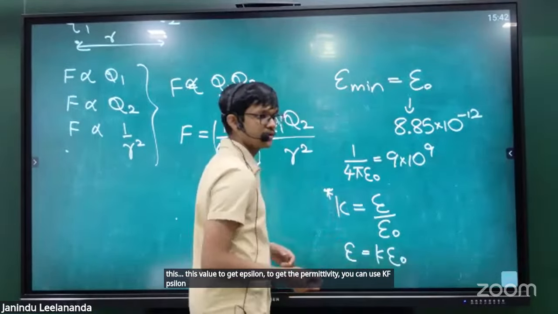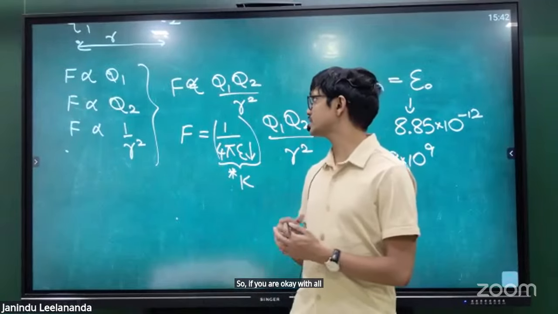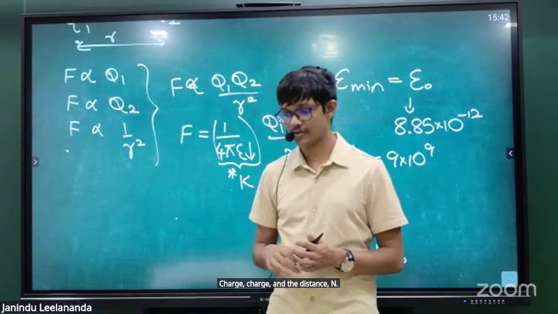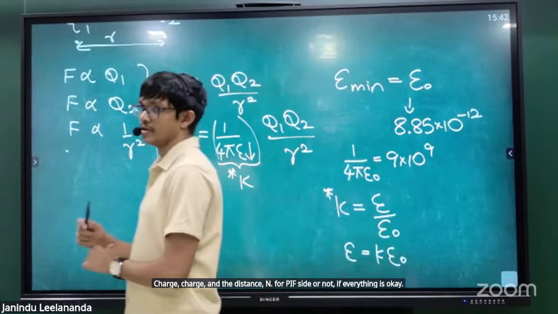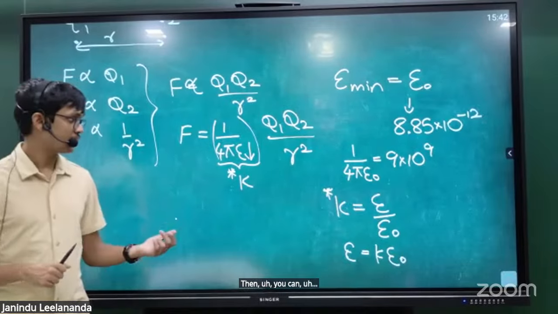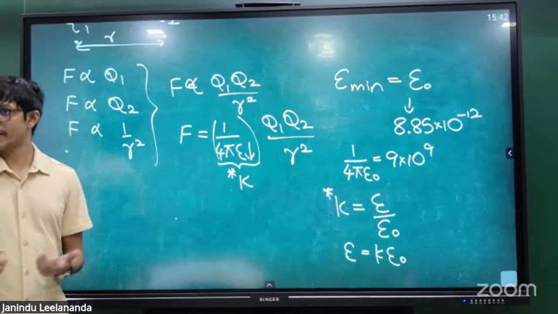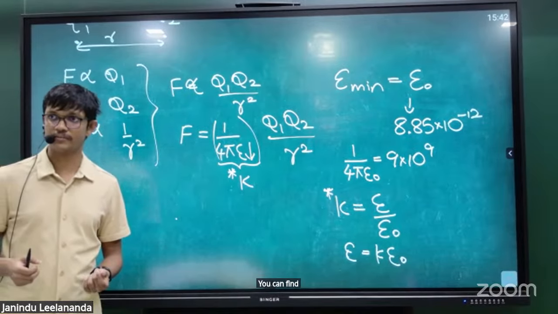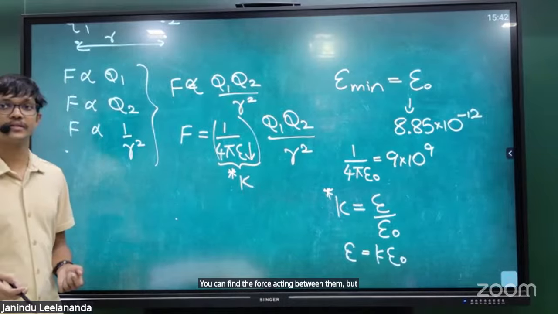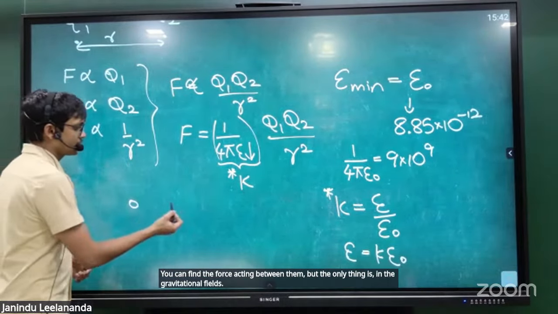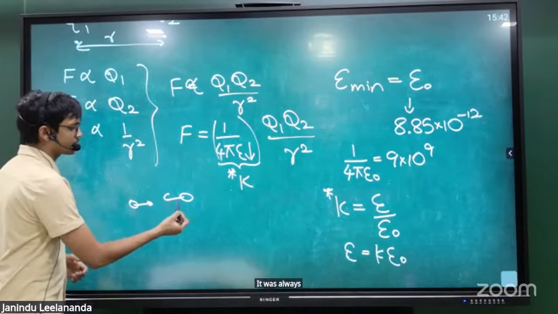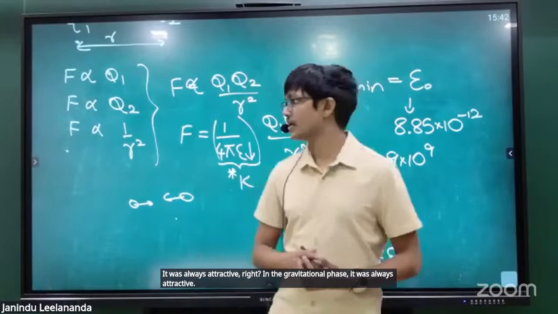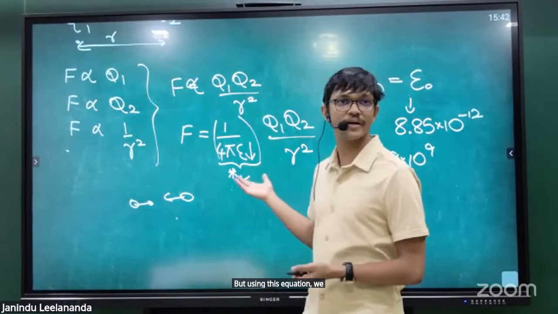So if you are okay with all these quantities, charge and the distance and 4 pi epsilon naught, then you can move forward and find the forces acting between them. The only thing is, in the gravitational fields it was always attractive, but using this equation we can only get the magnitude.